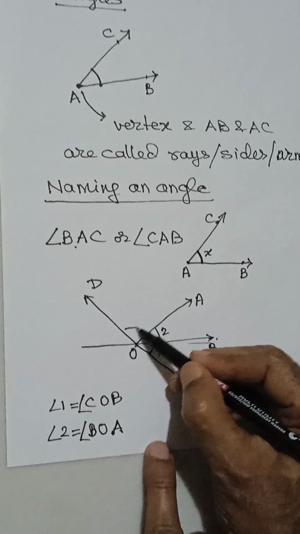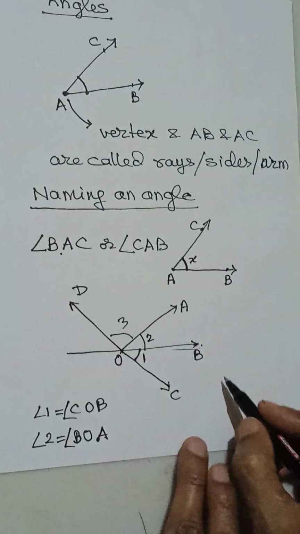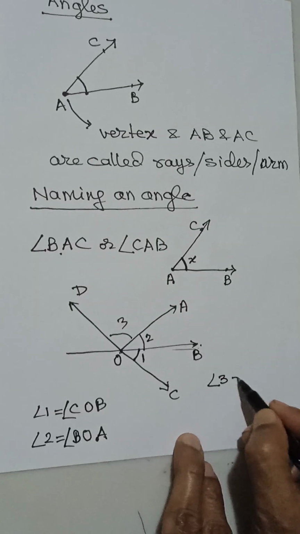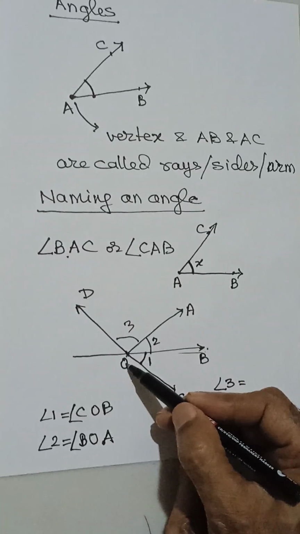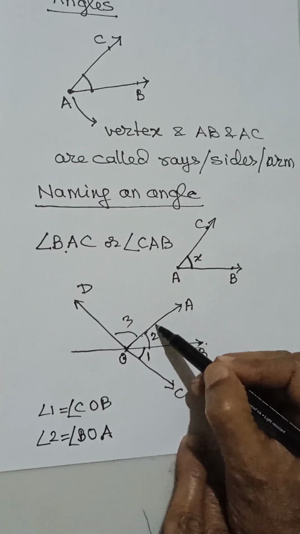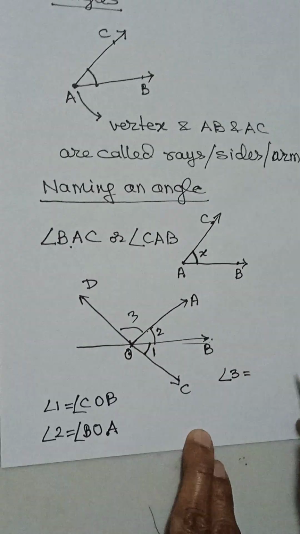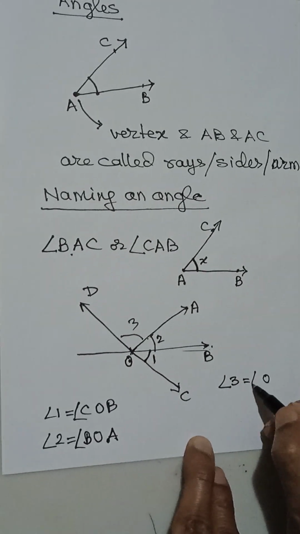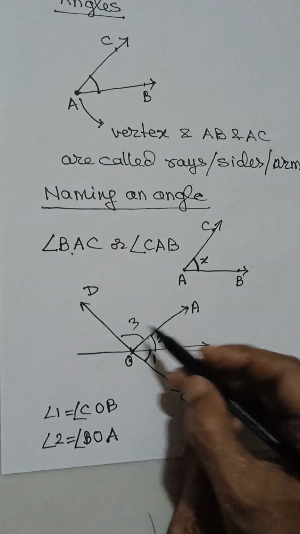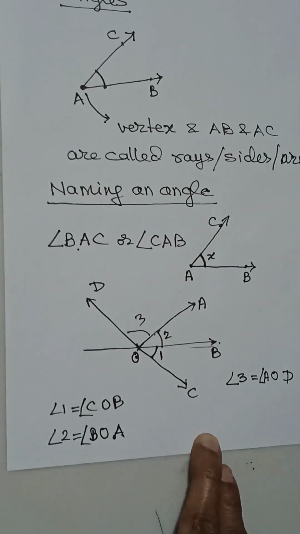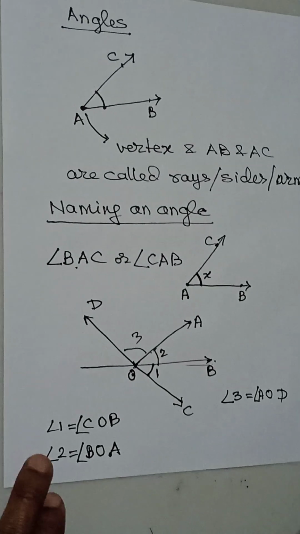Similarly, we will name angle 3. Now the vertex is O and it is formed by OA and OD. So O will be in the middle, A on one side and D on the other side. So angle 3 will be AOD.